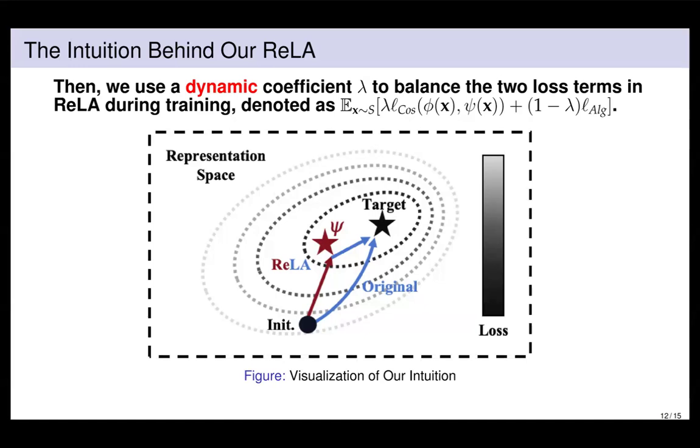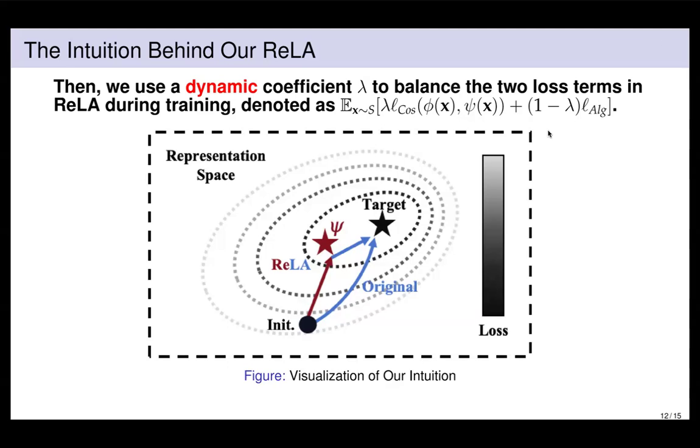But the question is, the label model, which is just randomly downloaded from the internet, could not be our target model. So the first term can only bring our learner model close to the target model first, but it cannot be the exact one.